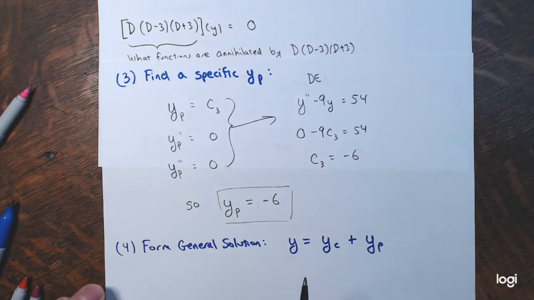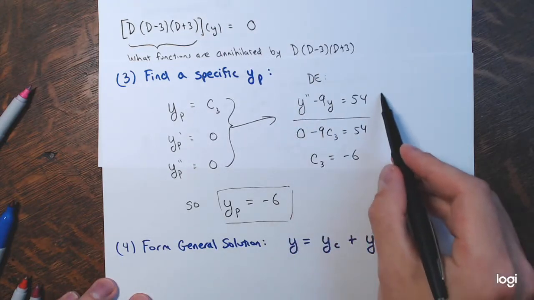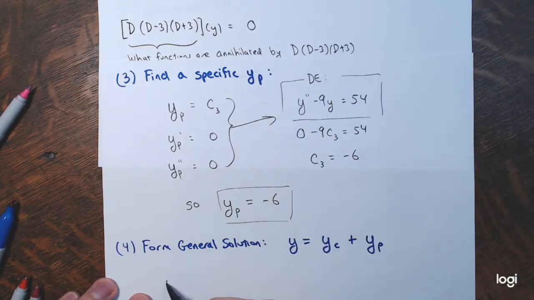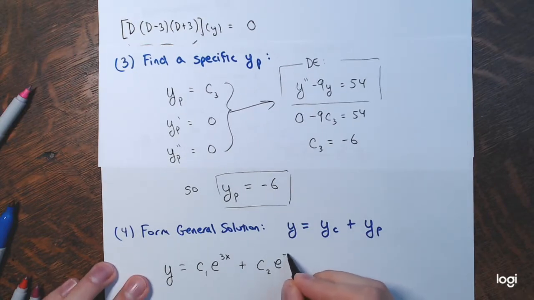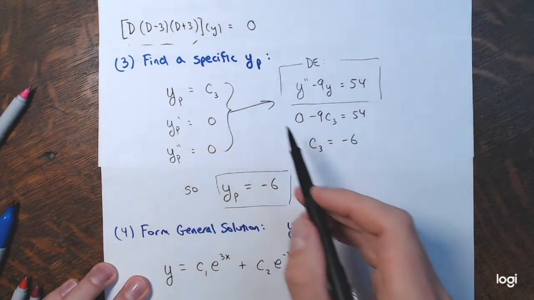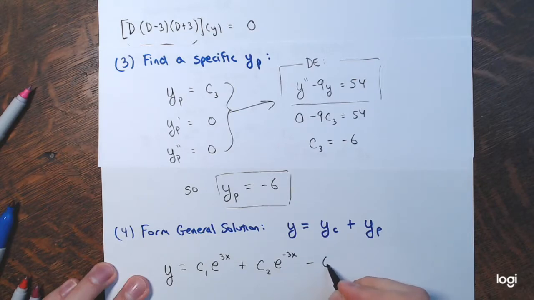So the general solution to this equation looks like this: y equals some constant c1 times e to the 3x plus some other constant, c2, times e to the negative 3x, and then plus c3, which was negative 6, so minus 6.